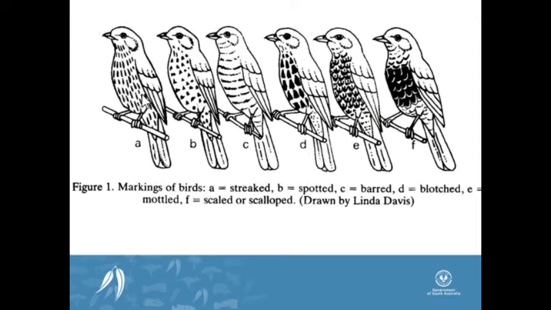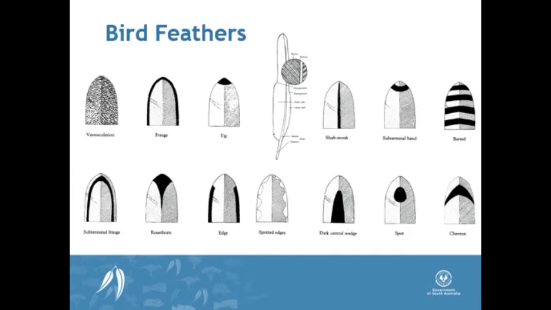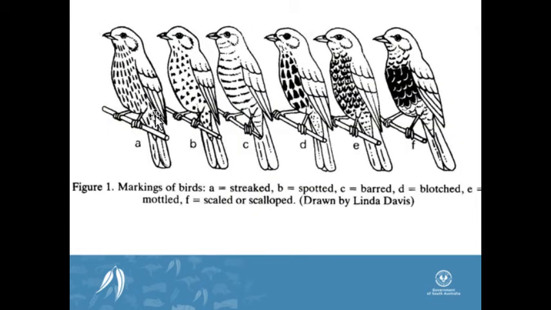If you go back and think about that bit of colour along the shaft, if you have that across a whole bunch of feathers as you work down the body, you end up with streaking right down the body. So each individual feather, central shaft, has a different colour. It might be black or whatever, and so you end up with that streaking right down through the breast onto the belly.